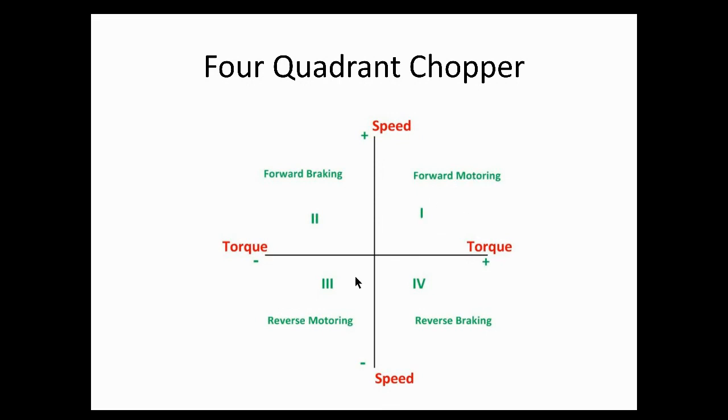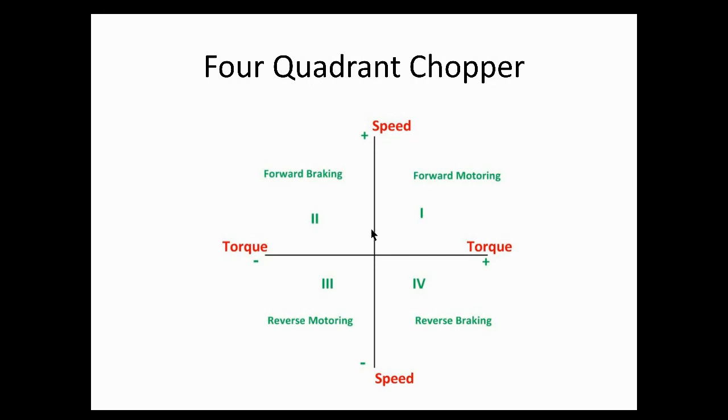We can have reverse motoring, however, if we apply a negative torque and a negative speed. That's the reverse motoring. Now for forward braking, we have that positive speed, however, we now make the torque negative. We have a forward braking of the motor.